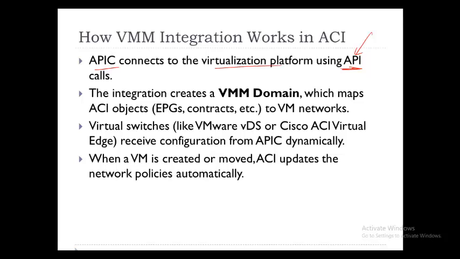Now there is a domain which we created for VMM, now getting mapped to this EPG and contract, because EPG is to identify the endpoint. The endpoint here is a VM, not the physical device, but still they need policies. Same as what we have for a physical device. Physical policy consistency. It's the same.